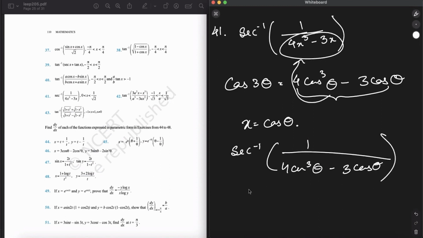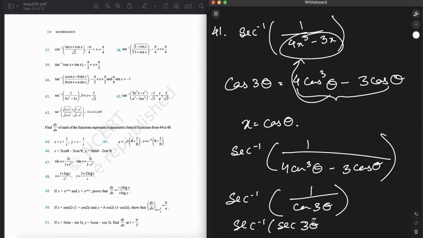This is nothing but 1 upon cos 3 theta. Since this is sec inverse and this is cos, I can write it as sec 3 theta. So I'll be left with 3 theta.